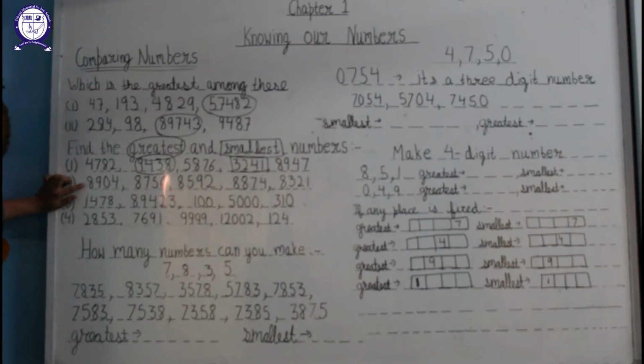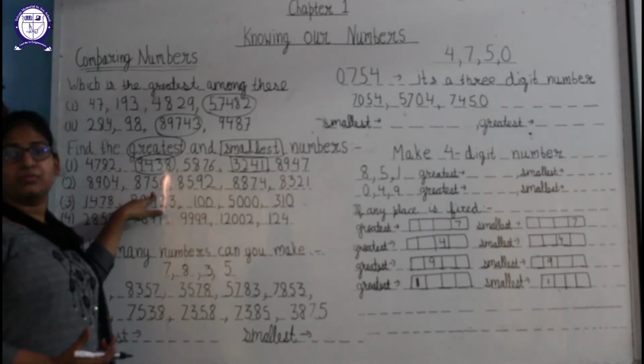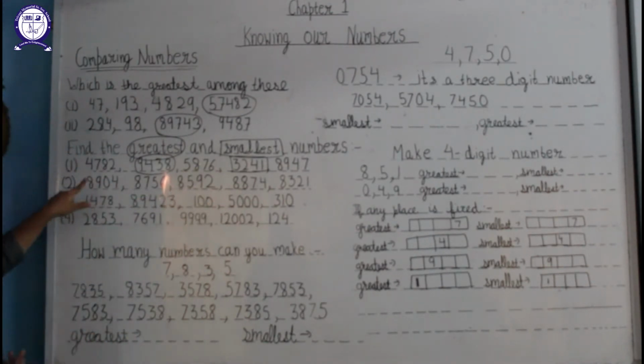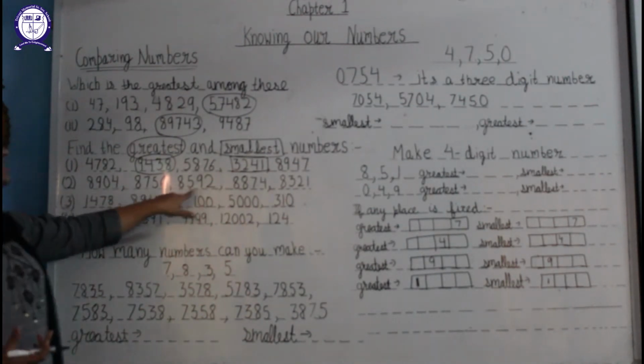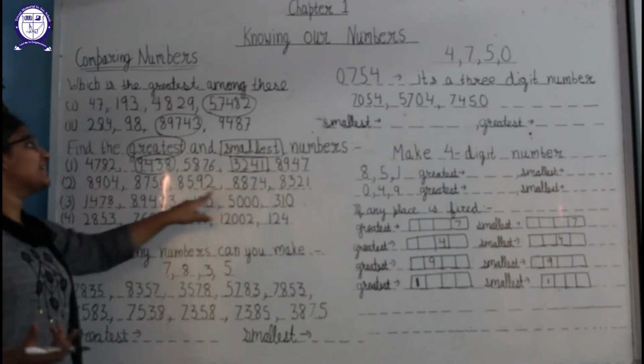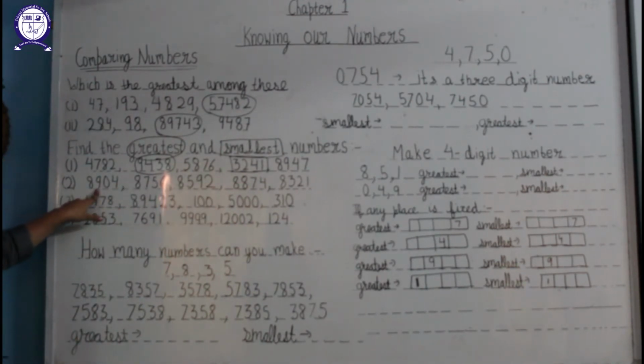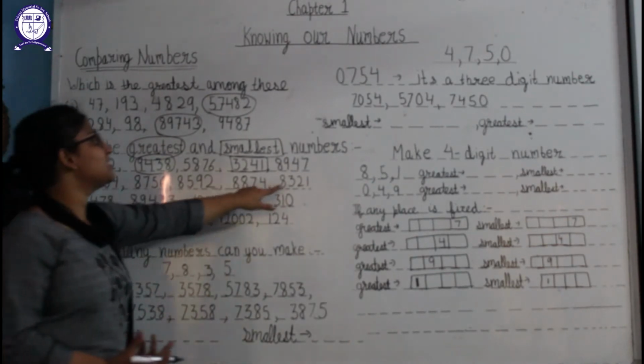Now what will you do if the first digit is the same in all the numbers? Here in the second part, all numbers are 4-digit numbers and the first digit is 8 in all of them. In that case, we will compare the second digit. If it is a 4-digit number, ones, tens, hundreds, thousands, we will compare the hundreds place. Here it is 9, 7, 5, 8, 3.